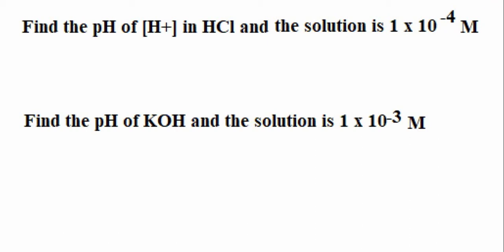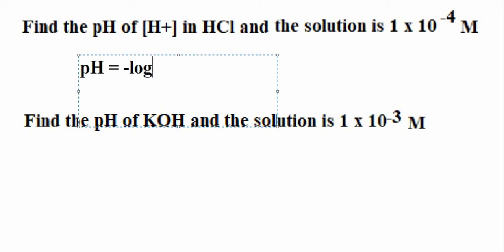Question number 1. Find the pH of H+ in hydrochloric acid, where the solution is 1 multiplied by 10 to the power of minus 4 M. To calculate the pH here, we have the formula pH equals minus logarithm base 10 of H+.